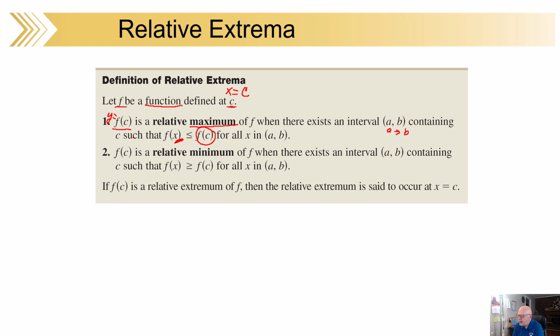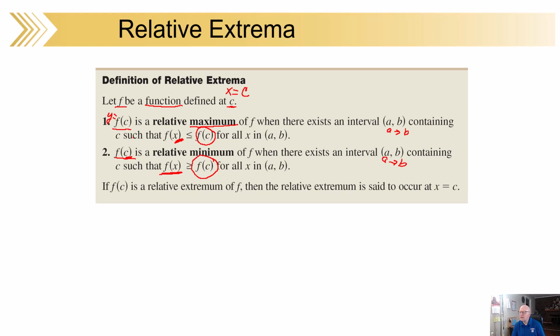Now I'll repeat that even though it's pretty much the same for the minimum. So f of c, remember that's an x value c, you put in f, you get a y value. That's a relative minimum on that interval going from a to b if that is smaller or equal to any other y's you find in that interval.